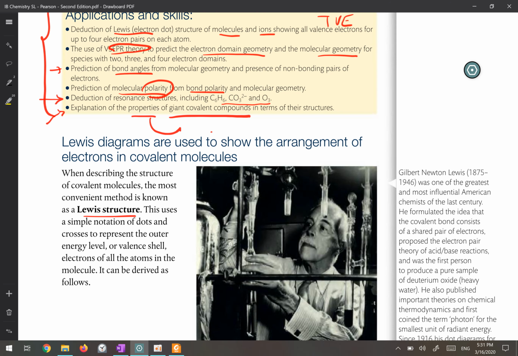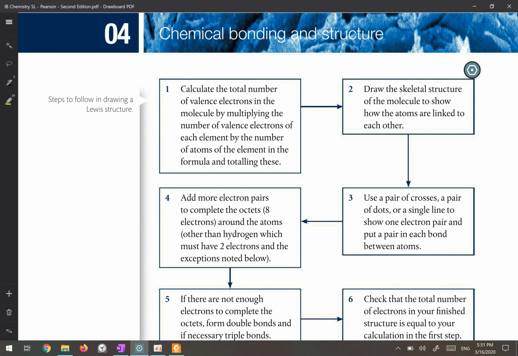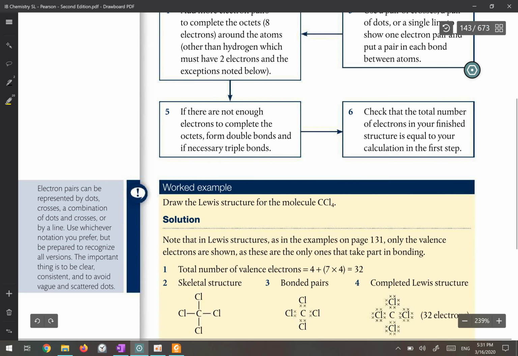There are several steps for drawing Lewis structures. These steps are mentioned here, and because you know them from last year, I won't go into that. I go directly to some drawing.